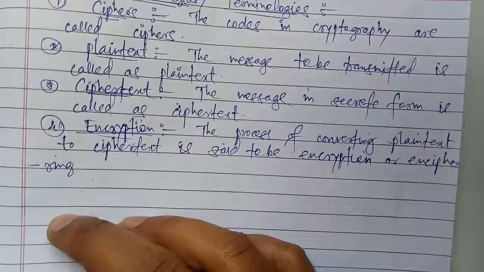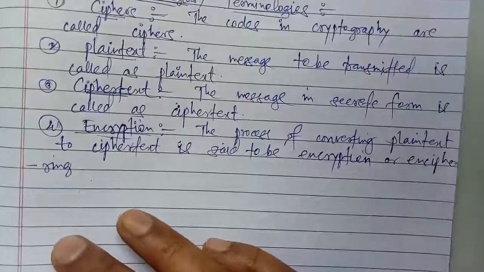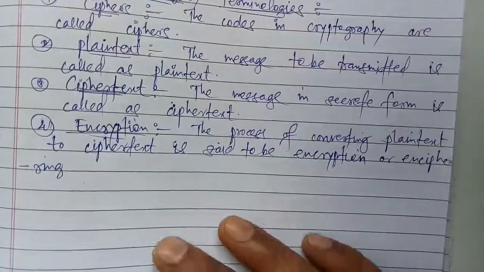If we want to convert plain text to cipher text, that process is called encryption.